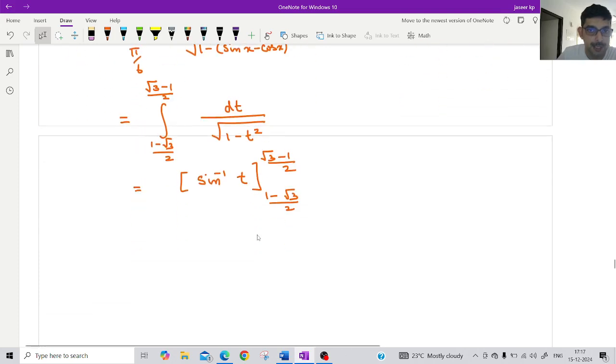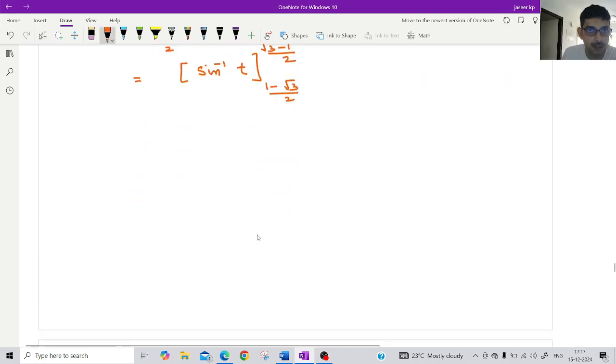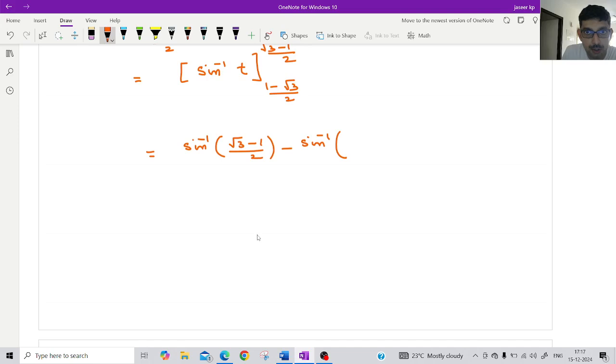upper limit is sin inverse of root 3 minus 1 by 2, minus the lower limit sin inverse of 1 minus root 3 by 2.